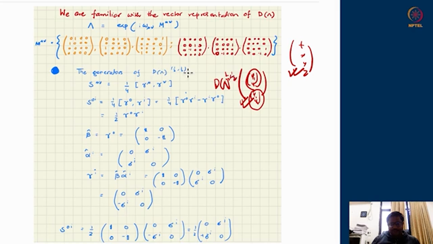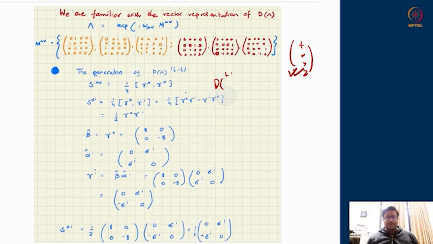What this D lambda half will be is obtainable from their generators. So in the spinorial space, we are again looking for 6 generators of the Lorentz algebra, because the algebra has to remain the same, and they act upon the spinorial objects.